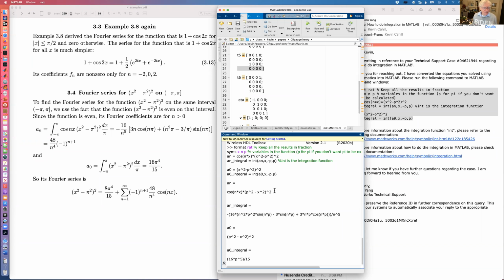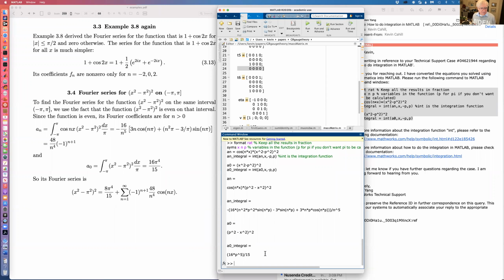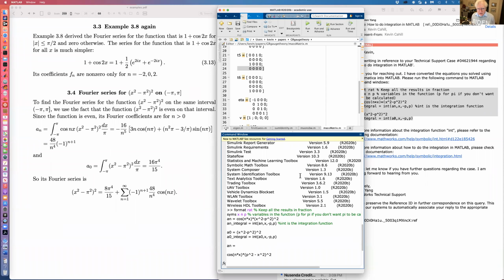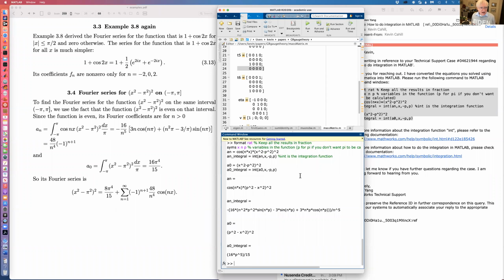In real Fourier series, if the function's even, then we don't have to compute the b's, but we still have to compute A0 differently from the way we compute an for n not equal to 0. So A0 turns out to be this, and the A0 integral is that. So that's how it works in MATLAB.